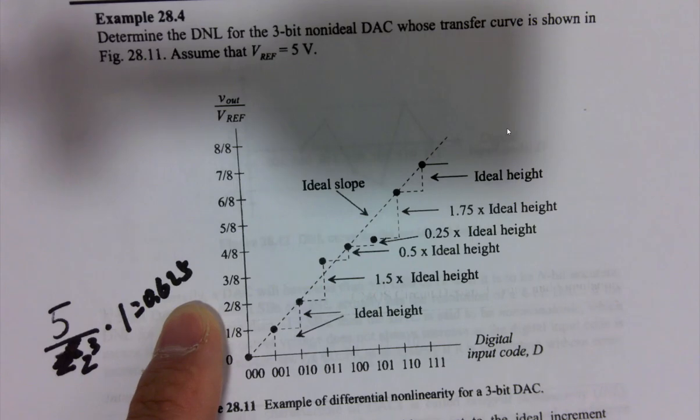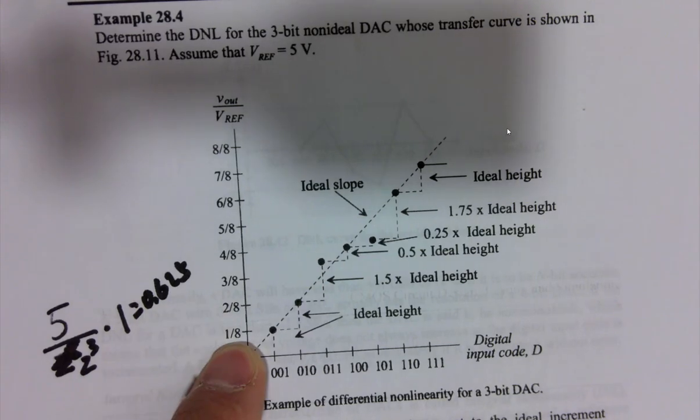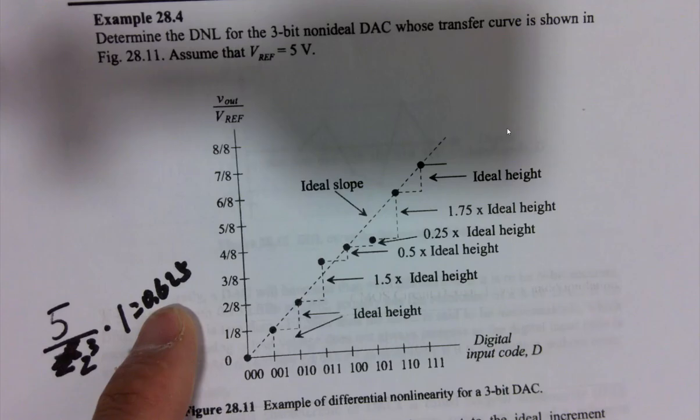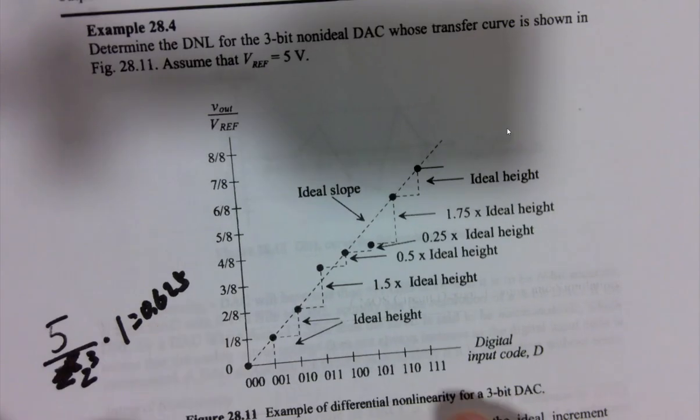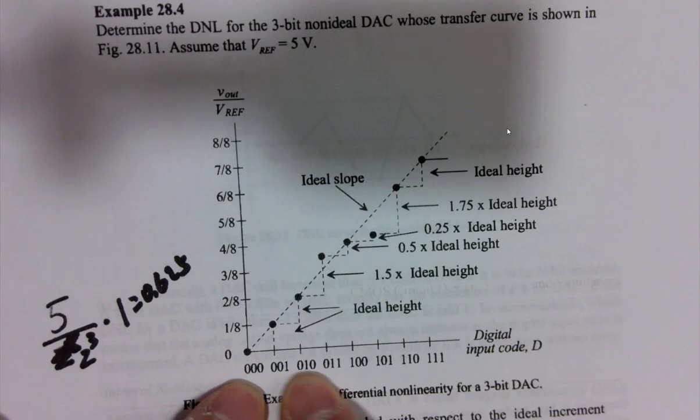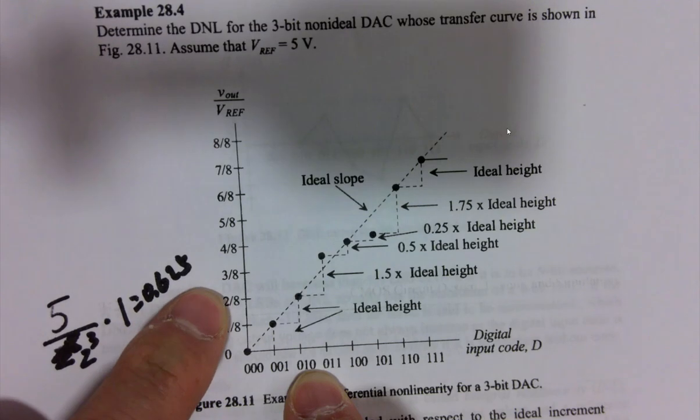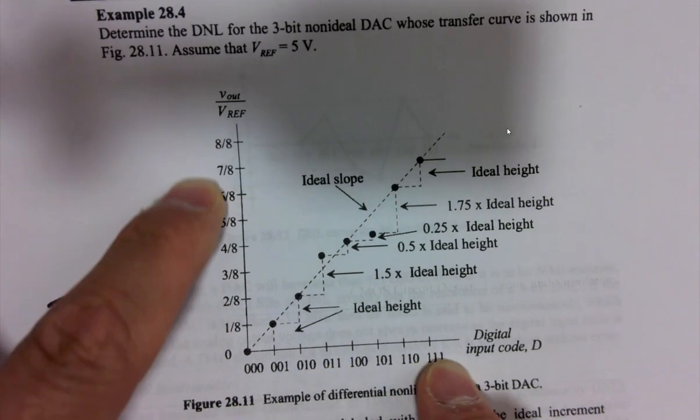So this is the voltage we have, and this is this divided by 5. And then you have this 0, 1, 0 as the DAC input, and you are expecting this one ideally, and so on and so forth.